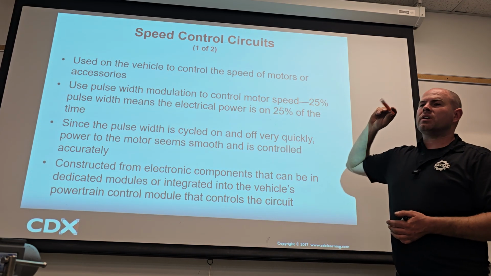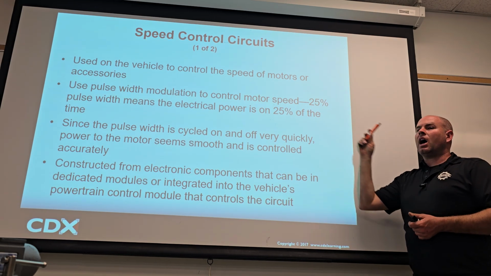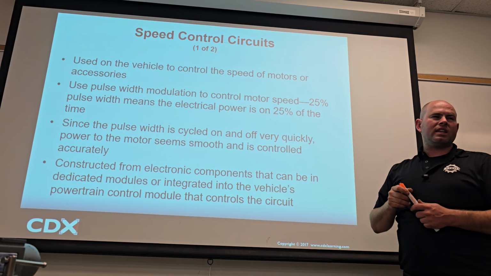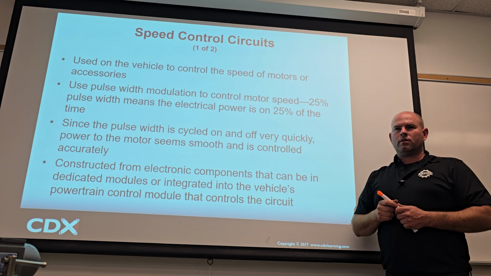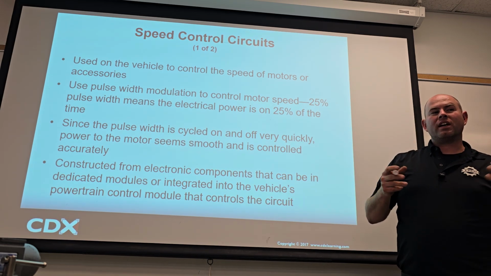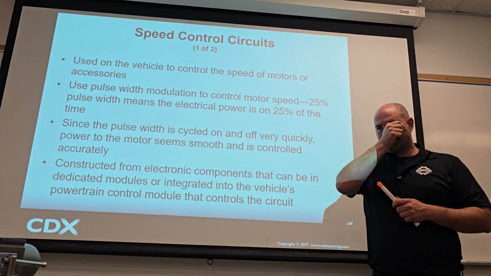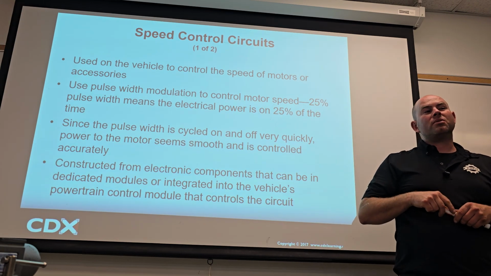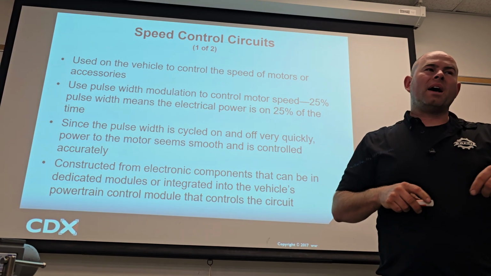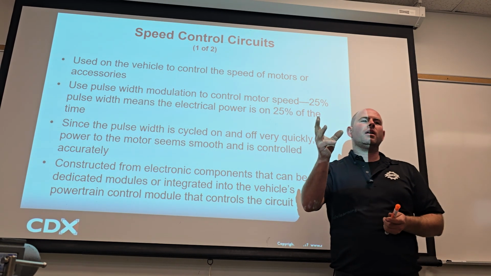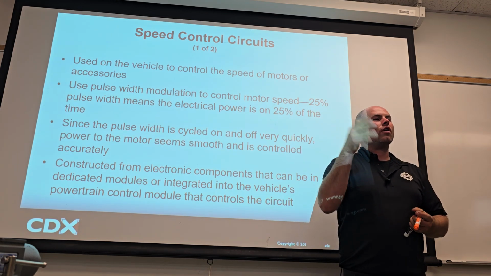Then if you were to increase that to, let's say, on 75, what do you think that's going to do? Exactly. So what's that mean for the customer? What's it mean for the motor? More power. So if you have it on more and off less, it's going to go faster.